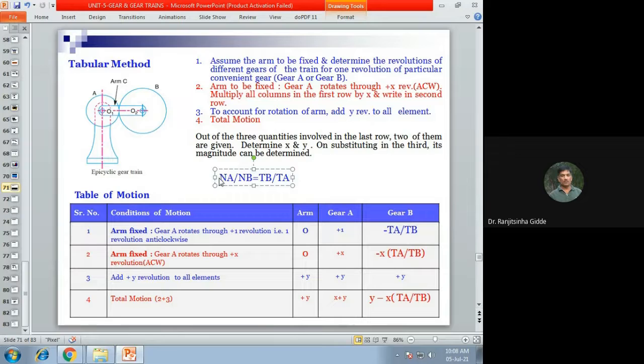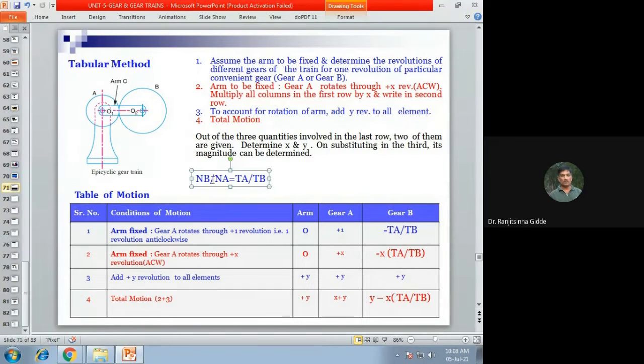So how we can write? Again I will write NB upon NA is equal to TA upon TB. Right.